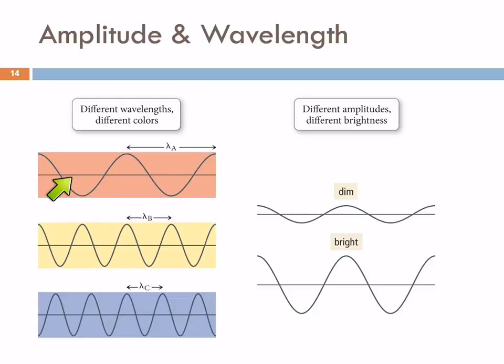Longer wavelength is going to be more on the red end, yellow's sort of in the middle, and blue light has a shorter wavelength. Shorter wavelength, higher frequency. So wavelength determines the color of the light. The amplitude gives us the brightness of the light, whether it's bright or dim.